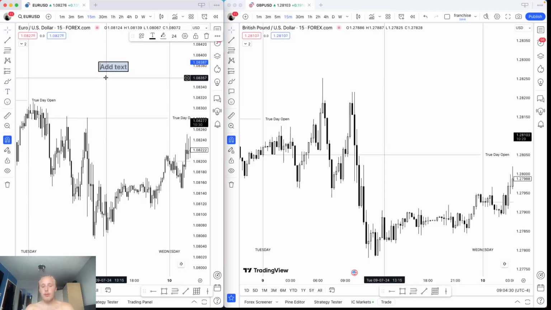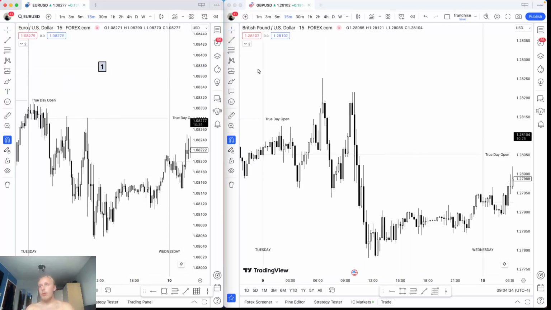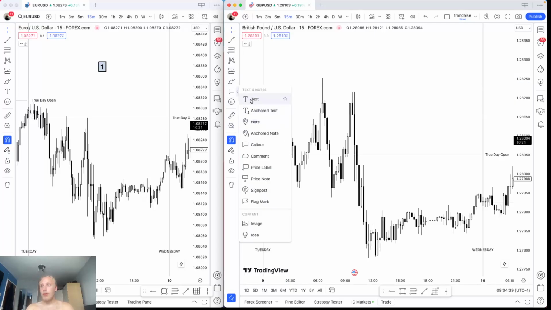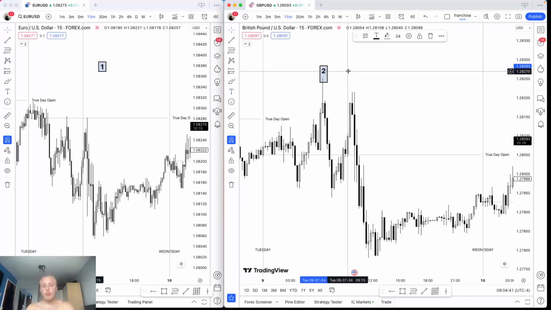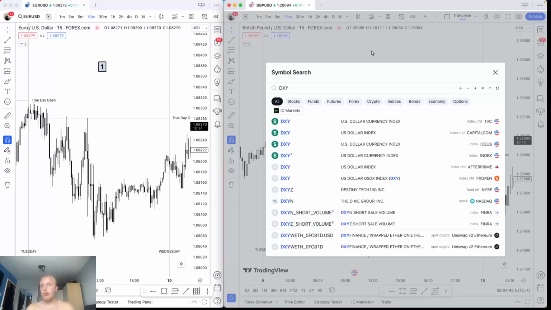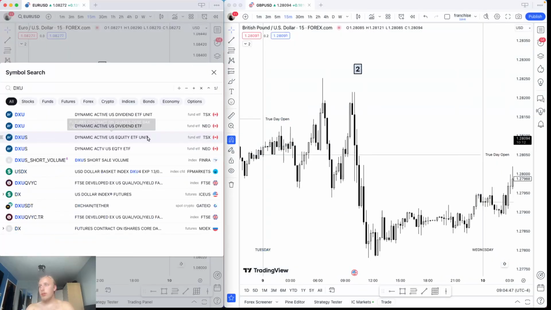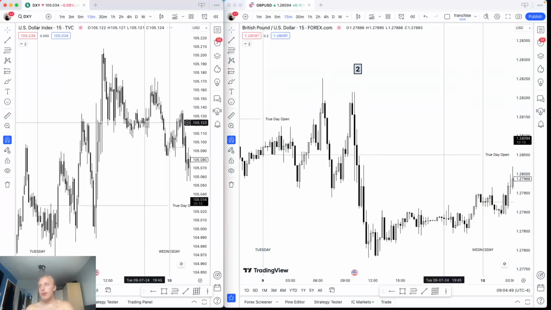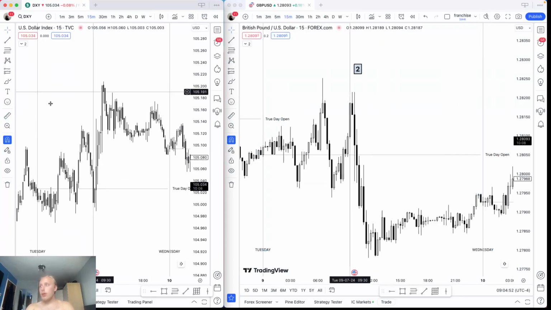So 3 being strong, 1 being weak. This would be a 1. This would be a 2. And then DXY becoming R3.